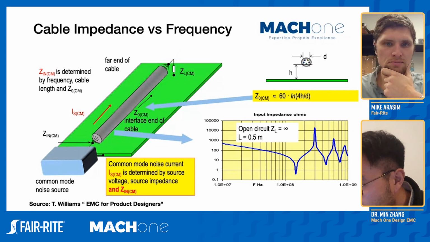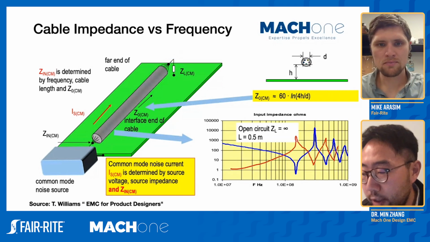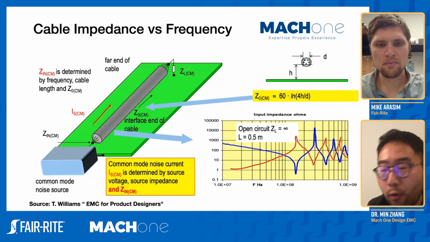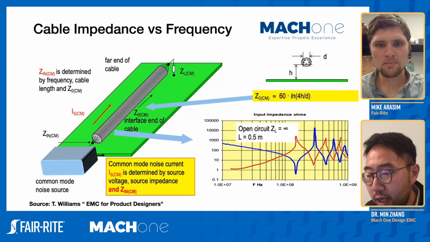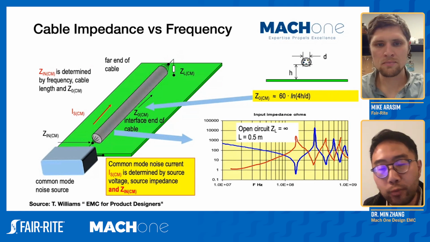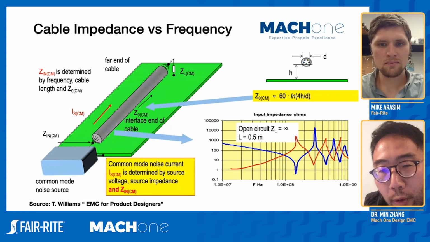Then you would end up having something like this, so that would be your short circuit impedance curve. So really, you just have all these uncertainties, and if you look at the equations we mentioned earlier on, you want the Fair-Rite to be most effective when you put it at a lower impedance point.